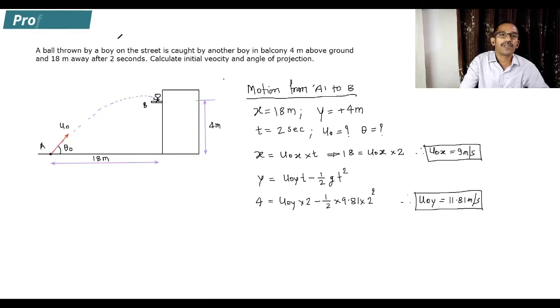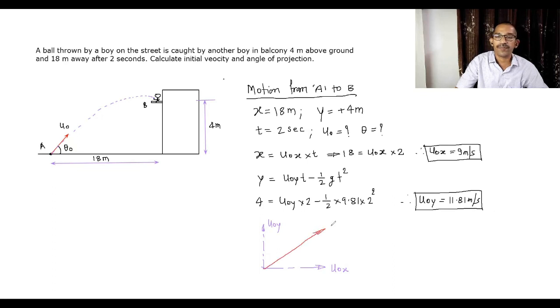Now if you know two components of velocity, the resultant velocity and inclination are easily possible. I will represent here the components of velocity: the vertical component u0y vertically upward, the horizontal component u0x rightward, and the resultant velocity u0 in the same quadrant, with inclination theta 0.